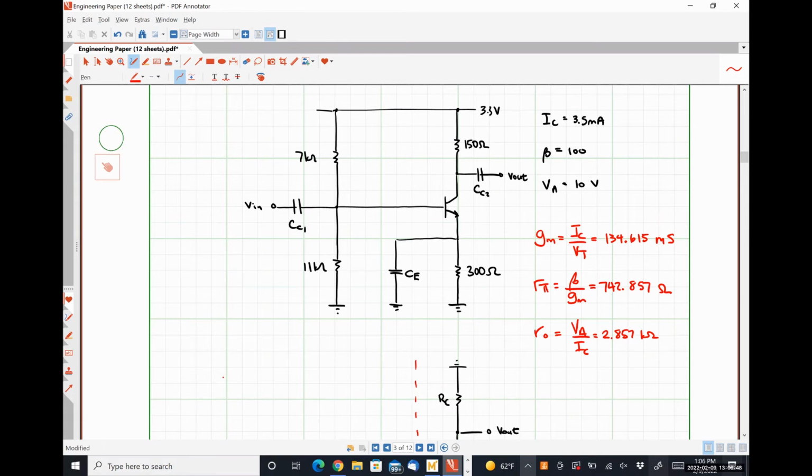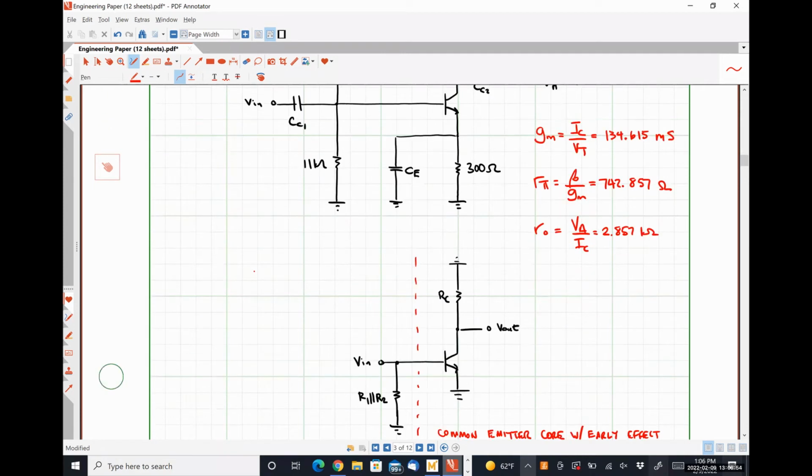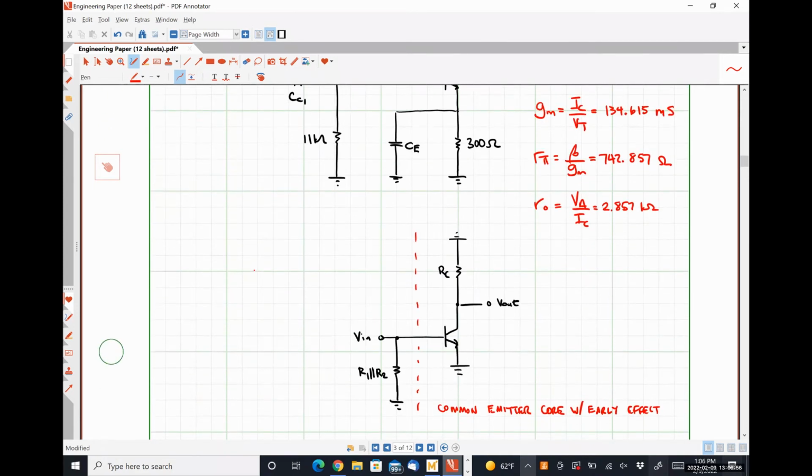But anyway, we have our small signal parameters. We know very well, or at least we have notes on how everything to the right of this dashed line behaves, right?